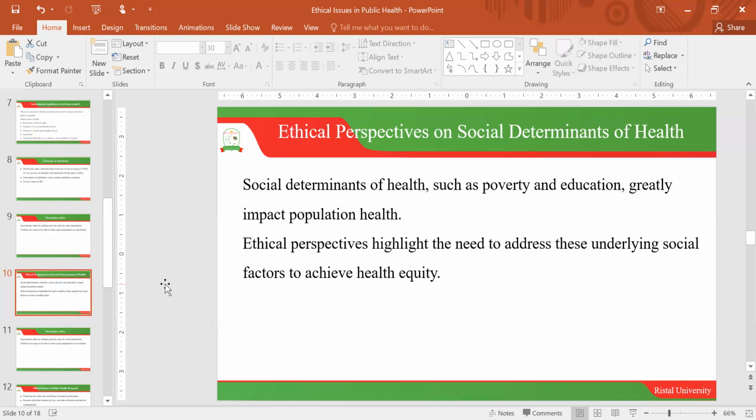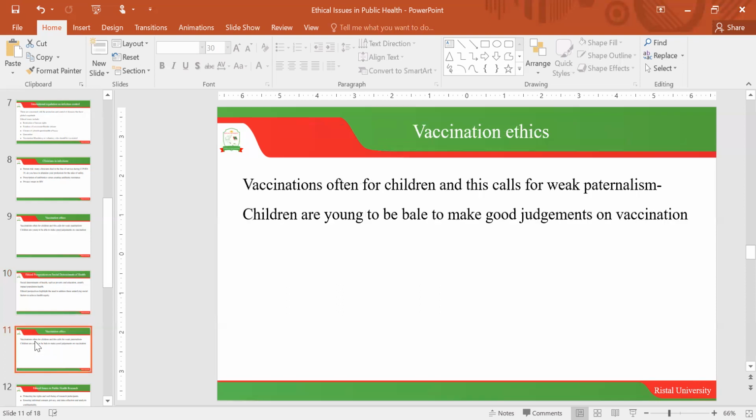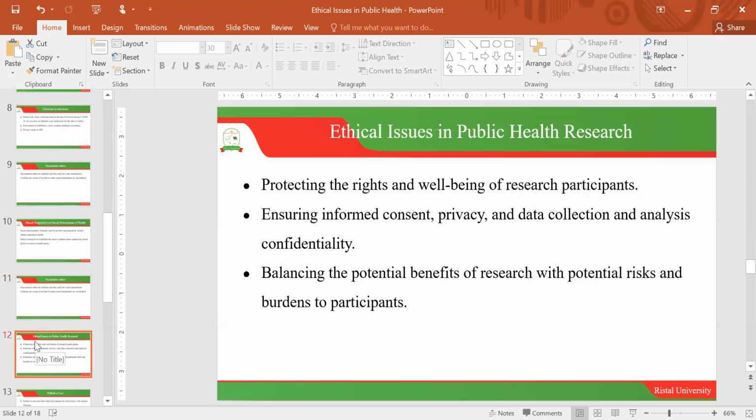So focus on those determinants of health. When you focus on them, then people will not come with diarrhea and all this worm infestation. So that is the current trend, that if you want to improve people's health, focus on social determinants of health. I think this is what we had discussed.